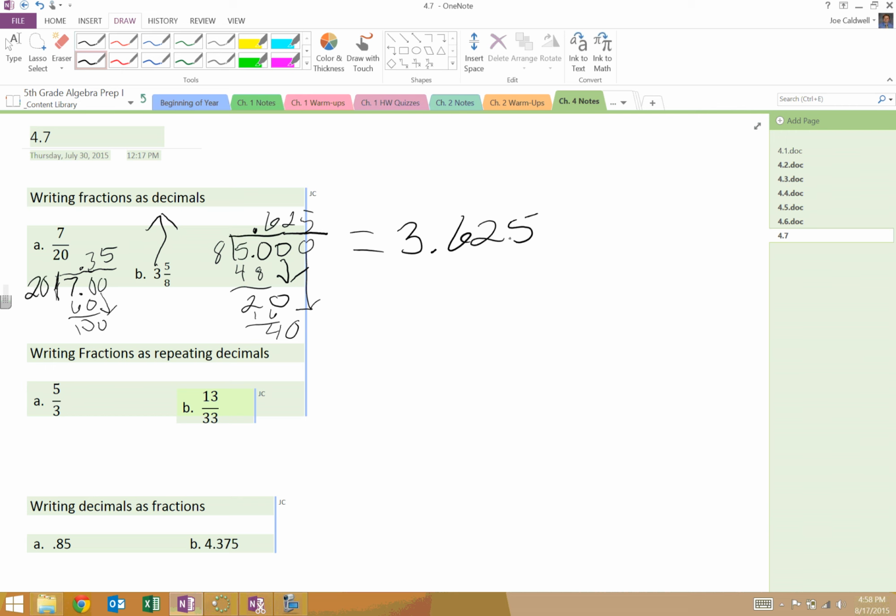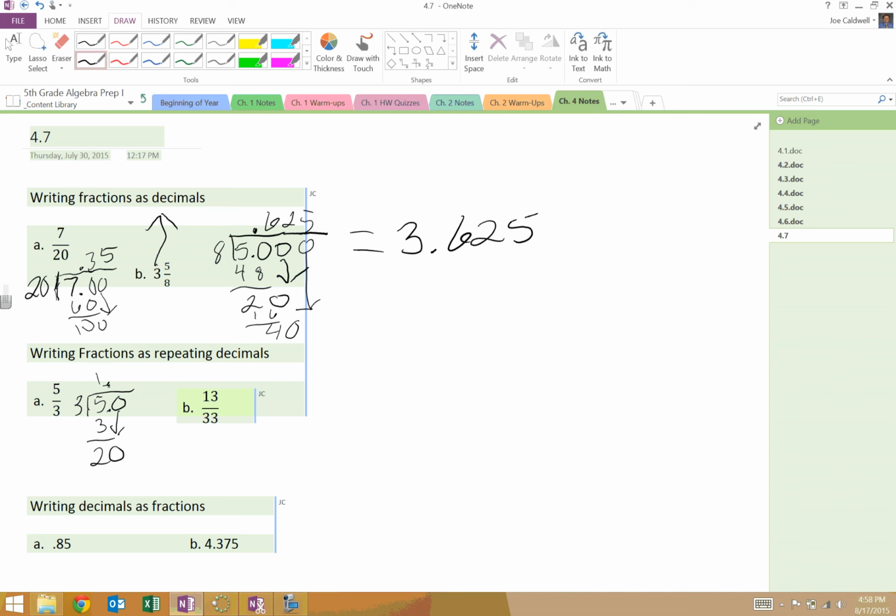Writing fractions as repeating decimals, same thing. If you notice you're going to keep getting the same answer over and over again, we put a bar over it. So let's see what that looks like. Even though that's bigger, it still goes inside. 3 goes into 5 once. 1 times 3 is 3. Remainder of 2. Add a decimal and a 0. Drop it down. 3 goes into 20.